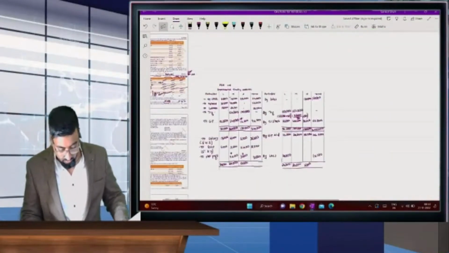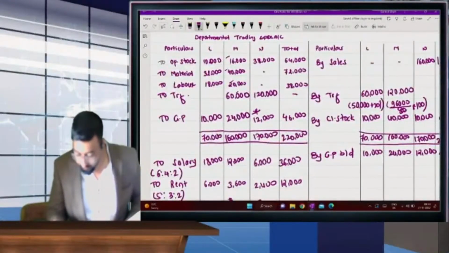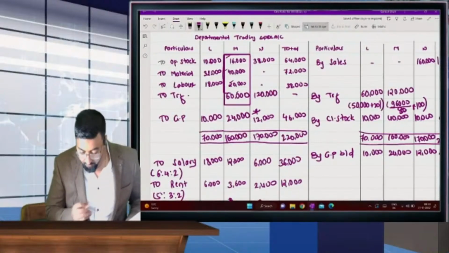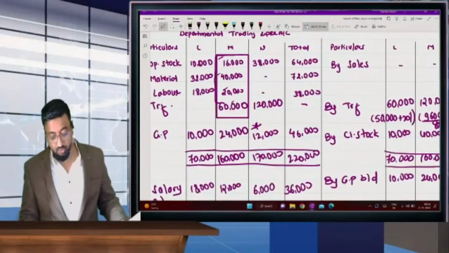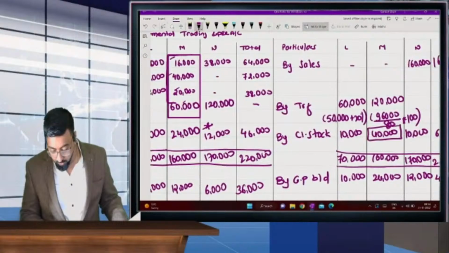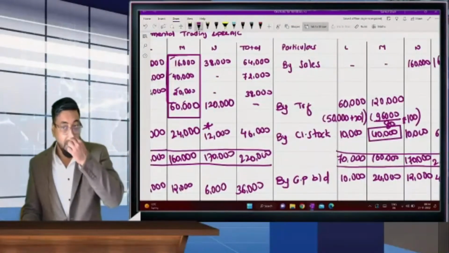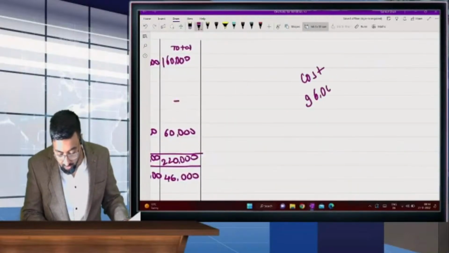Yes beta, why not? See beta, this is the cost of M. 16 plus 40 plus 20 plus 60 minus closing stock of 40,000. So what is the cost? Cost is 96,000.